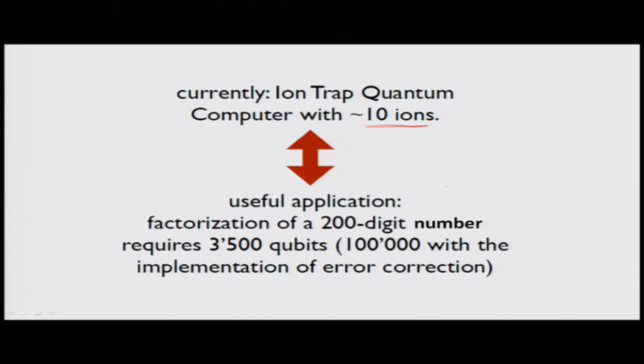However, for actual useful applications, for example factorization of a 200 digit number, there would be a requirement of about 3500 qubits, and to implement that with error correction, there should be about 100,000 qubits. So it requires a lot more scaling up than the current condition of the ion trap case, although it has been an excellent starting point for demonstrating some of the classic, textbook-style principles of quantum computing.